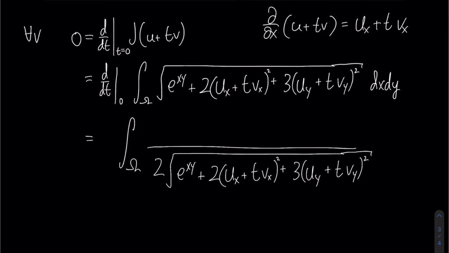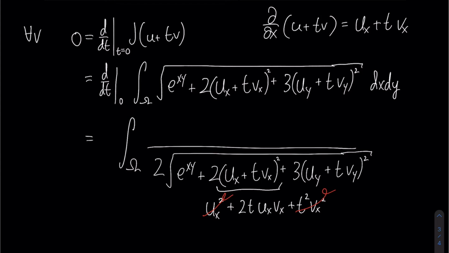But first, let's FOIL out the terms inside the square root. So this part becomes ux squared plus 2t ux vx plus t squared vx squared, right? So if I'm deriving this with respect to t and plugging in 0, what do we learn? We learned that there are irrelevant parts. This part and this part.